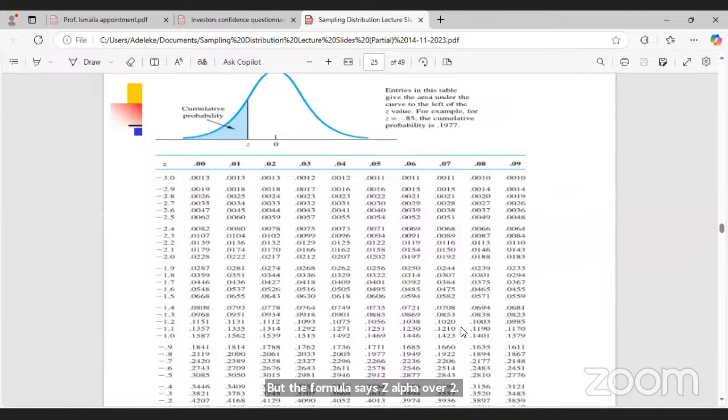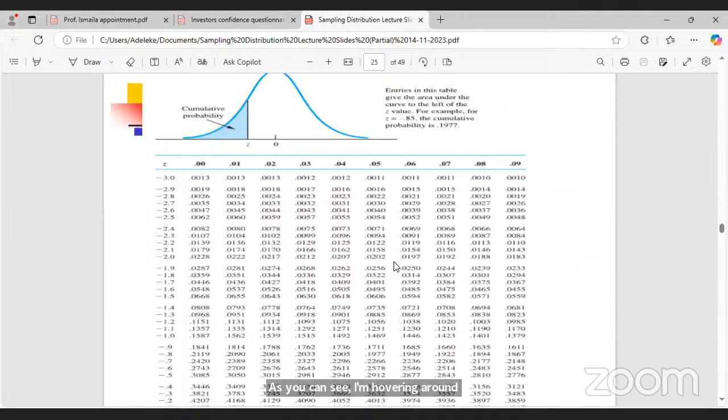If you divide it by 2, that gives us 0.025. That's where it's coming from, 0.025. So your job is now to check the table. What value of Z will produce 0.025? And that's where we got the 1.96 from. As you can see, I'm hovering around 0.025.